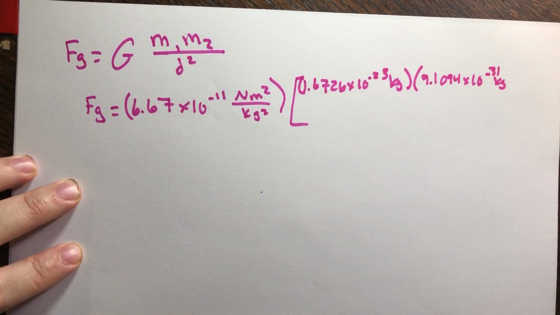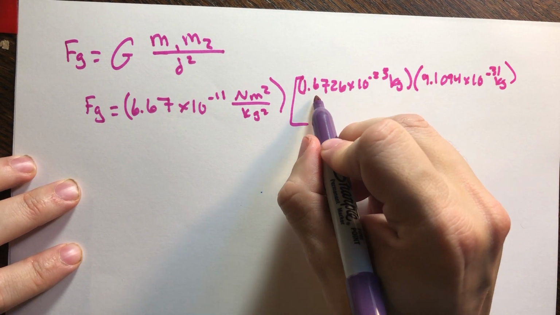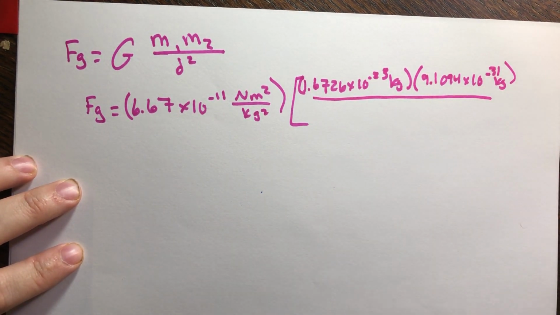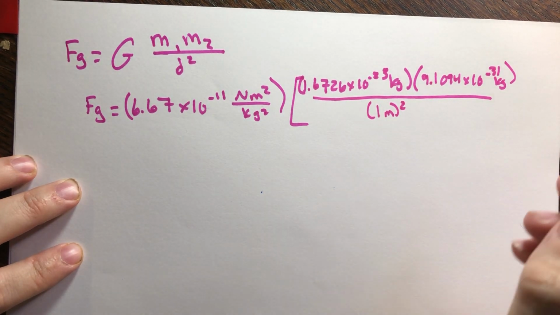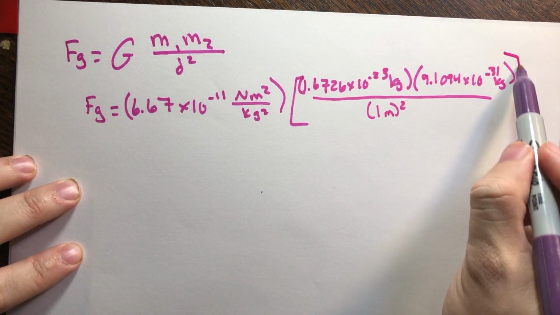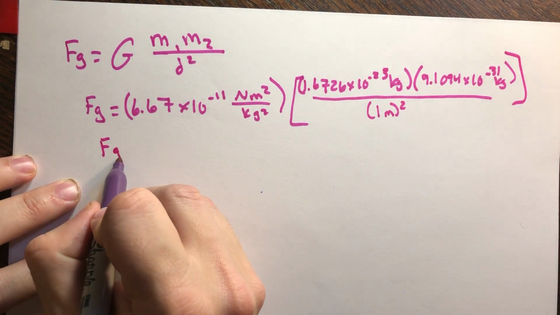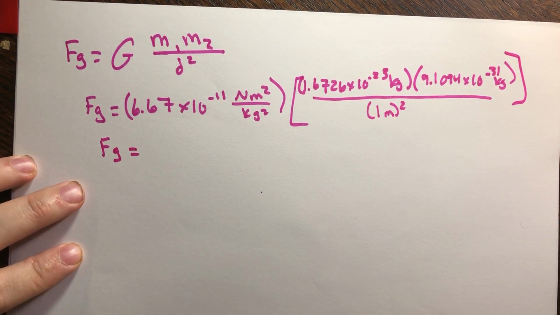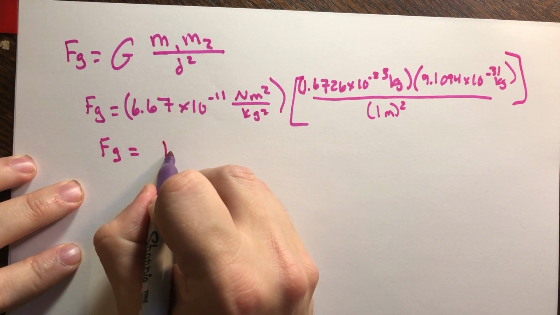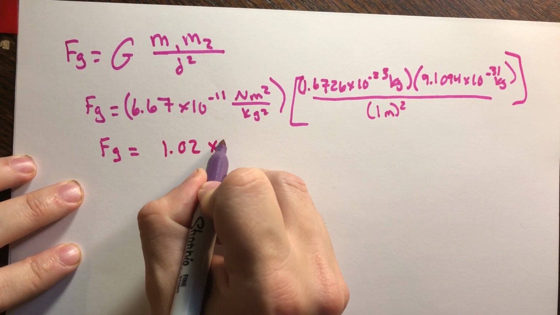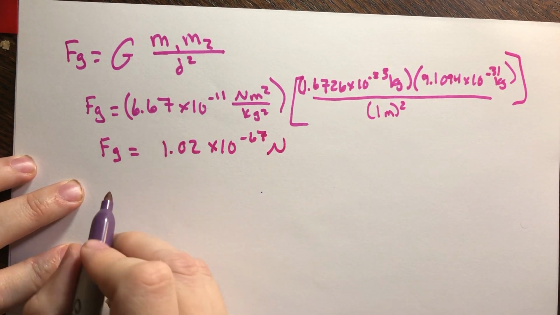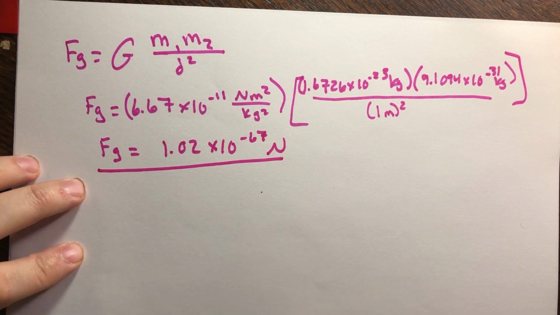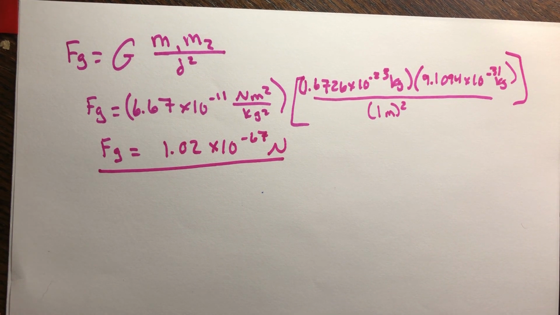So really small. And we divide that by the distance between them, which we said was 1 meter, squared. Plugging that into a calculator gives us a gravitational force of 1.02 times 10 to the negative 67th newtons. That is a very small number, but that gives us our gravitational force.